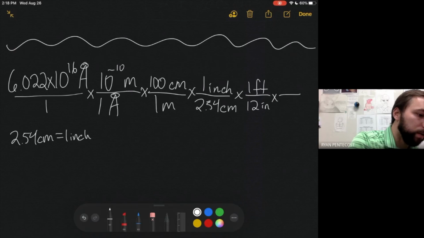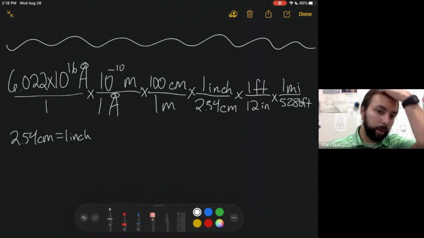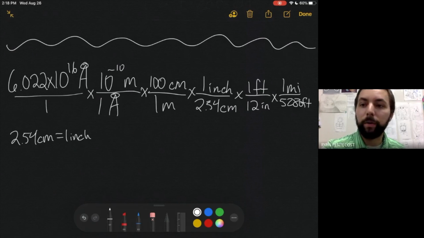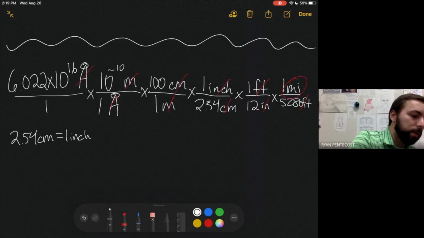Then 5,280 feet to 1 mile. And you can see my penmanship is starting really big and getting really small. I keep running out of room on this thing. I will get better. Now we will break these down. Angstroms, cancel. Meters, cancel. Centimeters, cancel. Inches, cancel. And feet, cancel. Leaving us with miles.